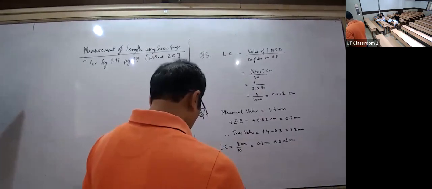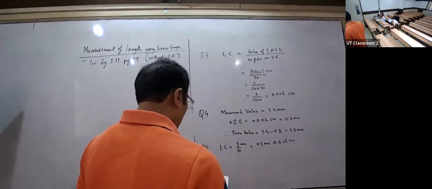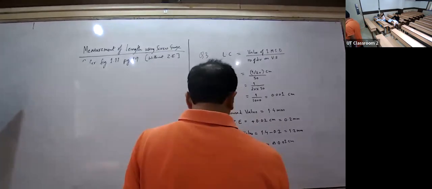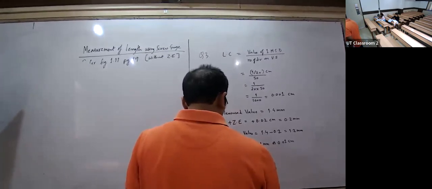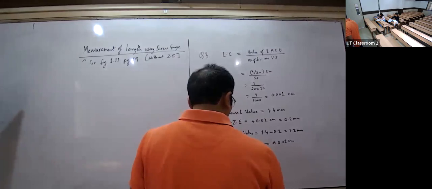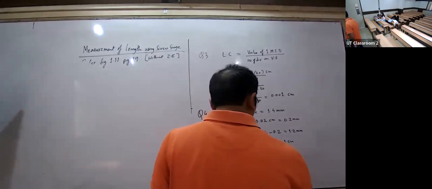So the third division on the vernier scale coincides with a main scale division. So what is the zero? So it will be positive zero. The third division coinciding into the least count, so it will be plus 0.03.